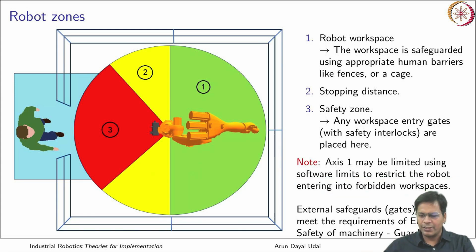External safeguards, mostly the gates, must meet the requirements of EN 953, that is safety of machinery guards.